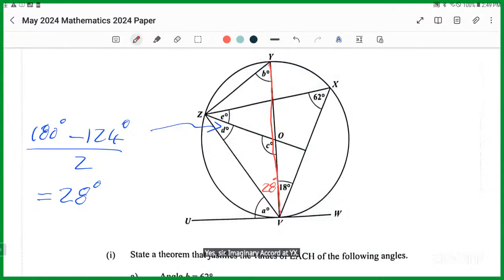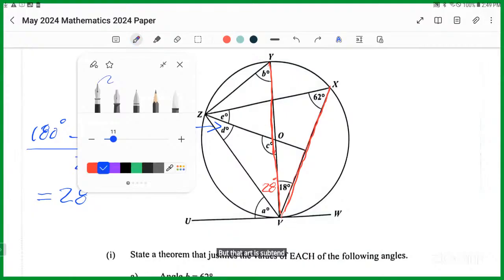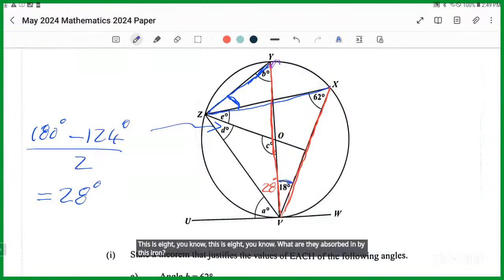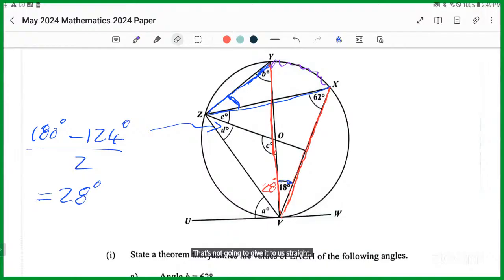This 18 here is subtended by this arc, but that arc is also subtending this angle up here. So this is 18 and this is 18, both subtended by this arc. So that's not going to give it to us straight.